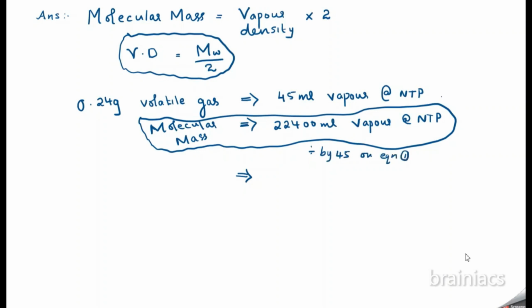This becomes 1 ml vapor at NTP. If you are dividing on the RHS, divide also on the LHS. So this becomes 0.24 divided by 45 gram of volatile gas.